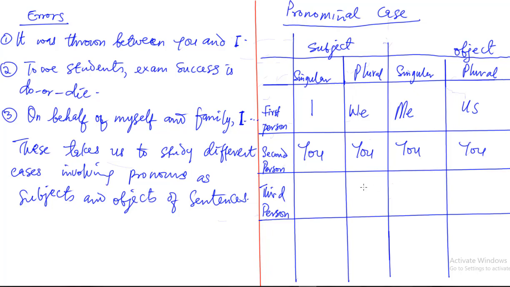Third person, we can have he, we can have she, we can have it. All are singular, and in plural we have they.